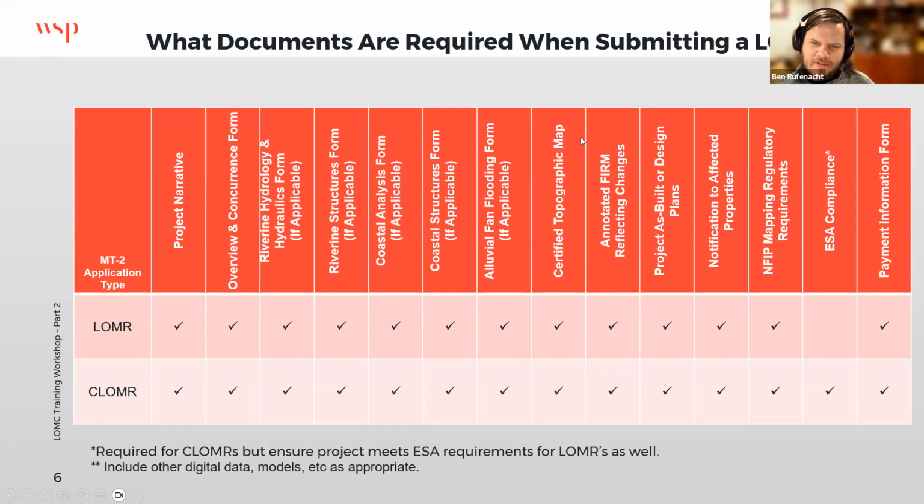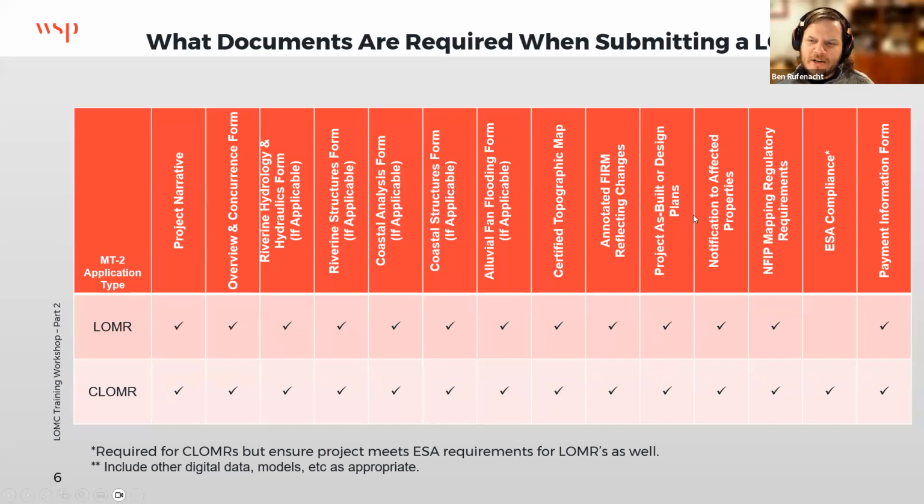You need to have your actual grading plan of how you're changing the topography in your project area. Annotated FIRM reflecting changes. So mark up the flood insurance rate map showing where the changes actually occurred. Your as-built or design plans, depending on if you're doing a LOMR or a CLOMR: your design plans for a CLOMR, your as-built for a LOMR.